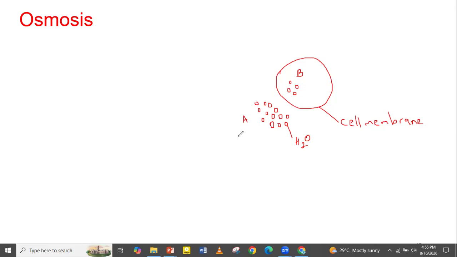When you look at these two regions, region A has more water, so we can say that region A has a higher water potential. Region B, which is inside the cell, has a lower water potential because it has less water.